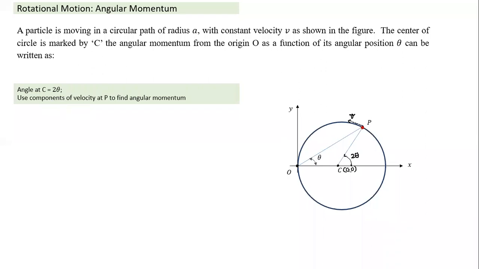One way of solving this: when we know this velocity and its direction with the x-axis, we can take its x component and its y component, and we can find angular momentum about O. Because to find angular momentum, we need the components of velocity and its coordinates. We can find the coordinates also, and the components also. So that's one way: using the components of velocity and position, we can find angular momentum.